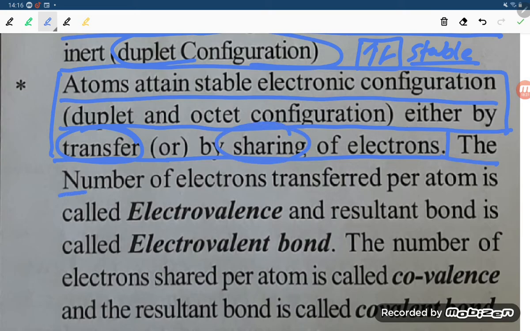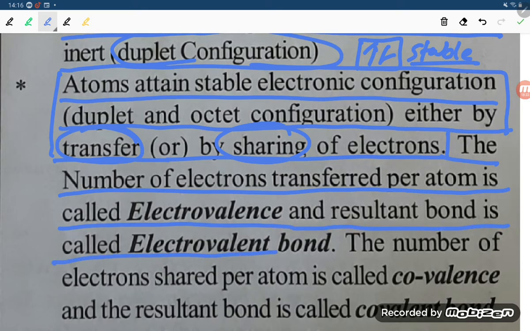The number of electrons transferred per atom is called electrovalence, and the resultant bond is called an electrovalent bond.